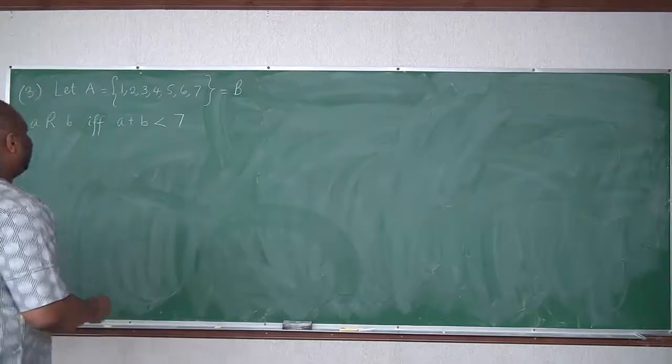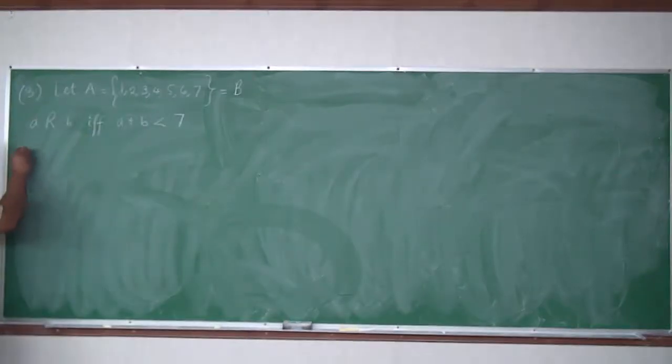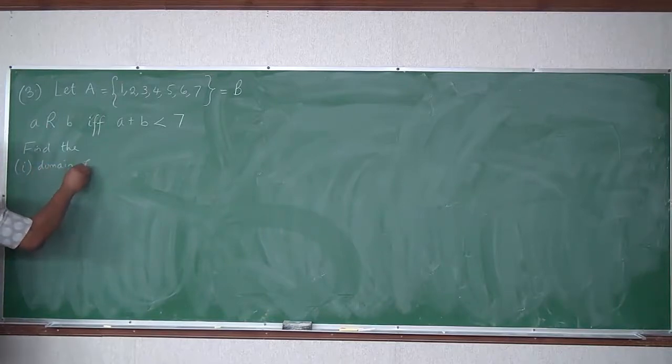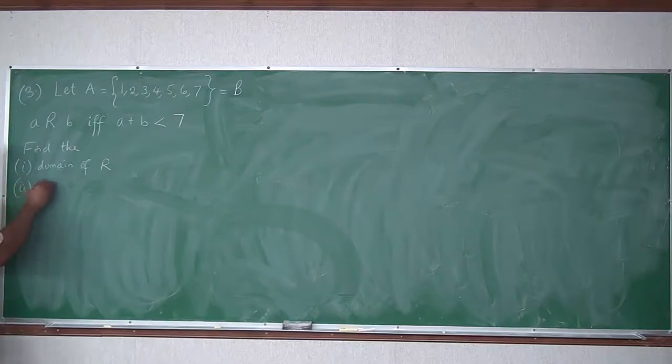Then it says, find the first one, domain of the relation. Second one, range of the relation.